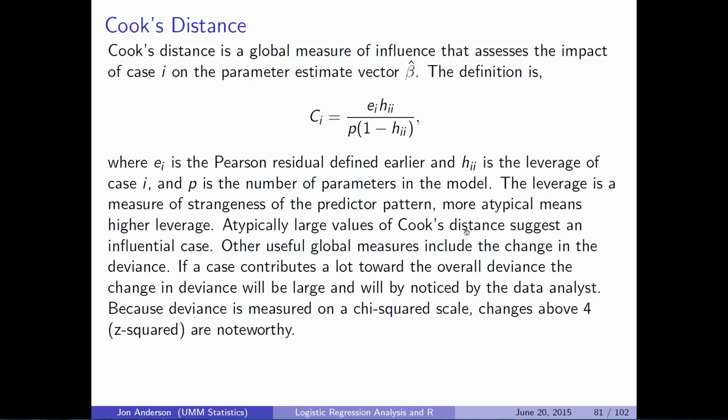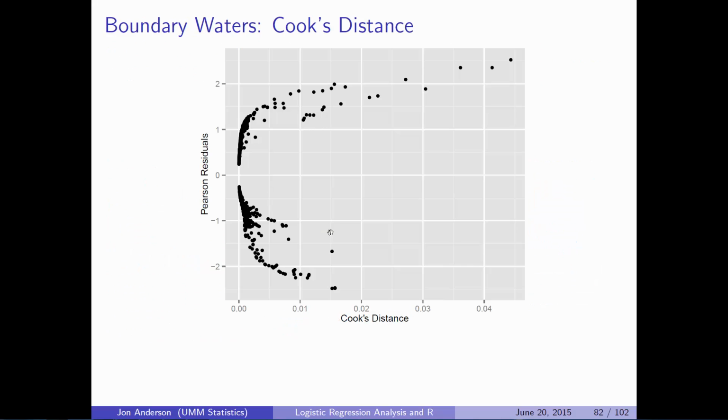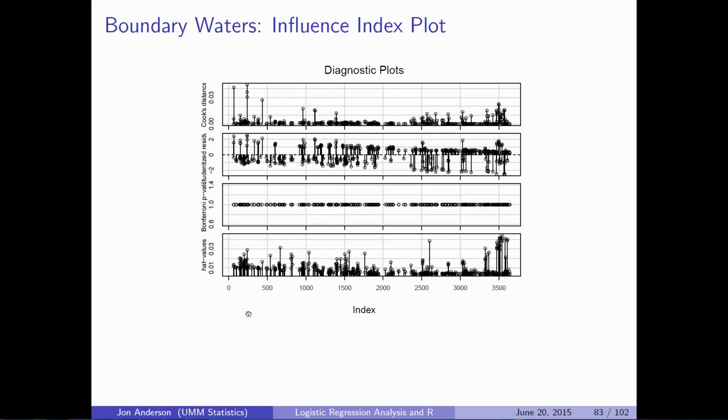You can measure influential cases in logistic regression, like Cook's distance. Remember, cases with abnormally large Cook's distance might signify cases that are overly changing your conclusions about effects, and you want to look at those carefully. Here's some plots you can do of Cook's distance against residuals.